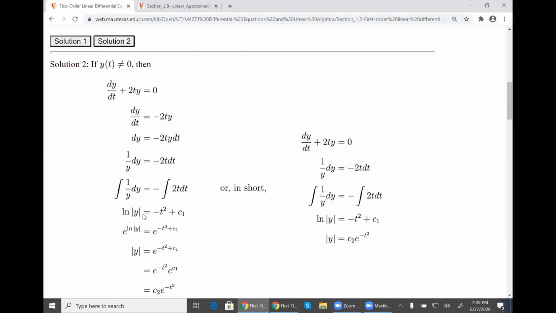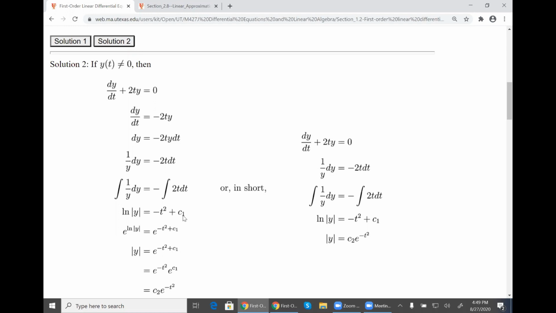Why is that? Well, you can add a constant on the left and on the right. It's not a mistake. But be careful with that. If you add a constant on the left, you have to denote it, say, by c1, and then on the right by c2.